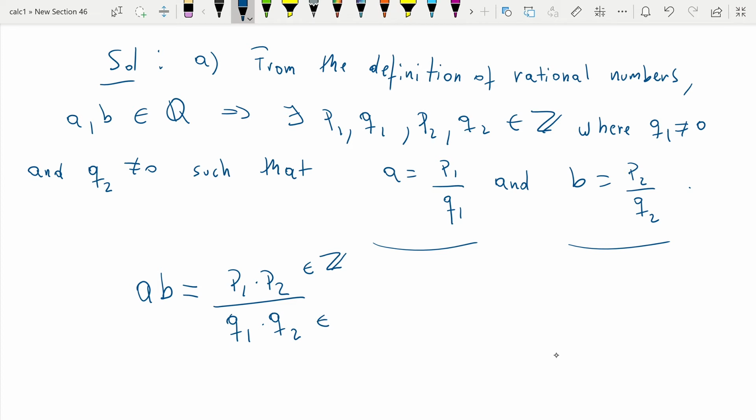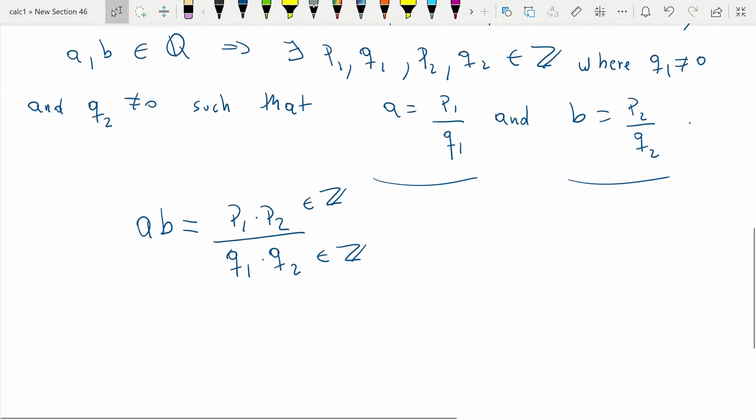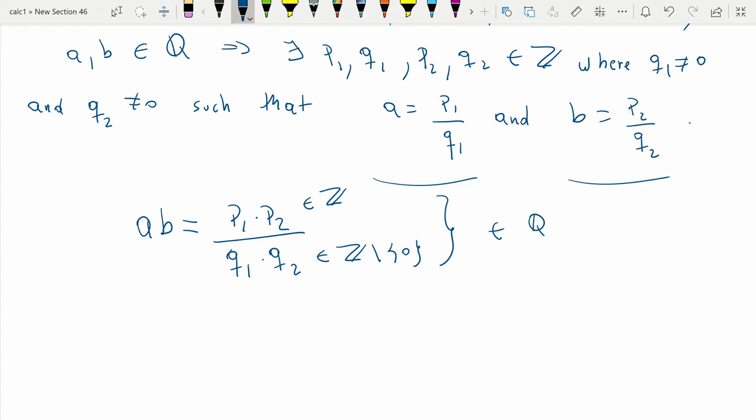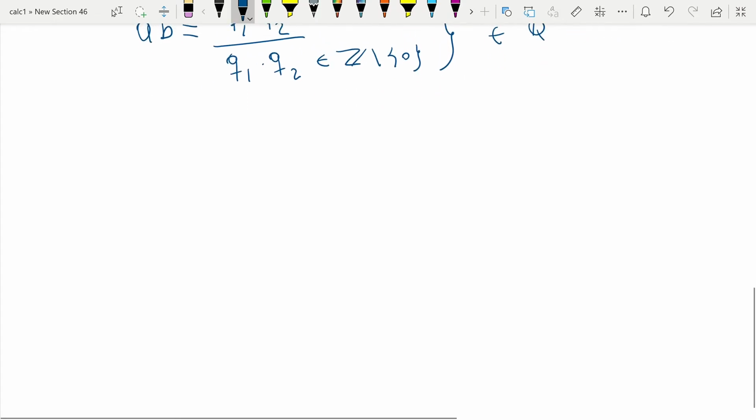And when you multiply non-zero integers, then you get an integer that is not zero. So this means that this whole thing is then in Q. Going back to the definition, you wrote AB as some integer over a non-zero integer, and that's it. That's all you have to show.